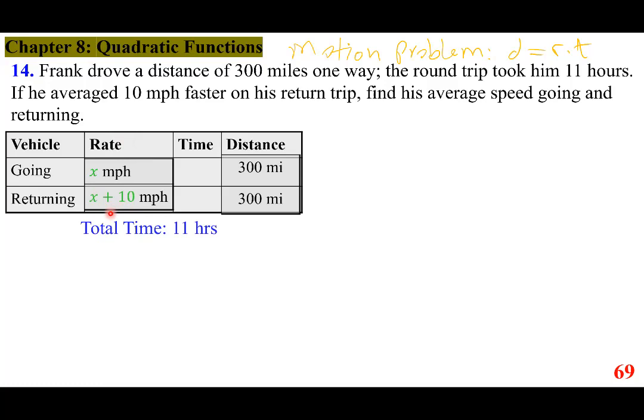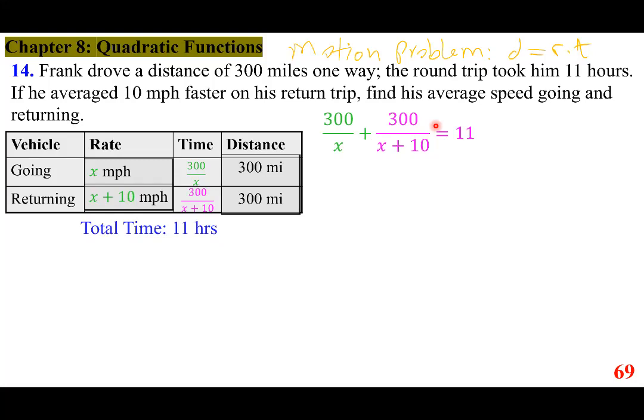The time it takes in each case, going back to this formula, when we know d equals rt, that means we know t is d over r. 300 over x here, 300 over x plus 10. It is important to know this requires two other formulas. T you can solve for it, r you can solve for it. And we know the total time is 11, therefore they add up to 11.